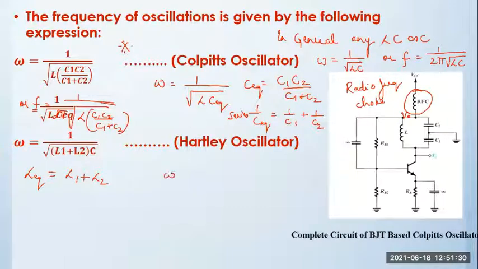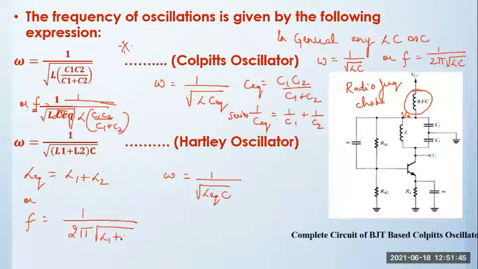So omega is again 1 by root L equivalent into C, and L equivalent is given by this, or in other words, F is 1 by 2 pi root L1 plus L2 into C. So please remember these relations. They are very important for Hartley and Colpitts oscillators.